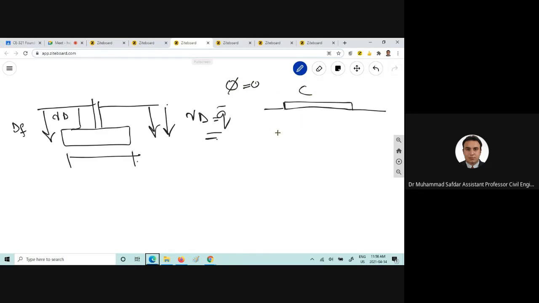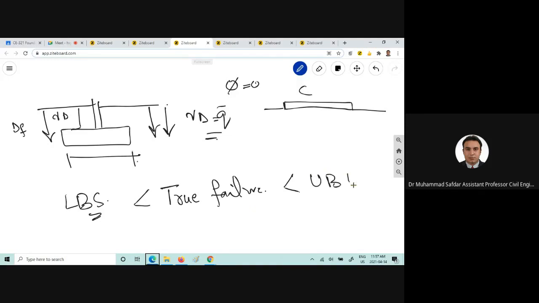So just to denote, in case of the lower bound solution, let me explain that here as well, we have a true failure load. The true failure load would be greater than the lower bound solution, and the true failure load would be less than the upper bound solution.